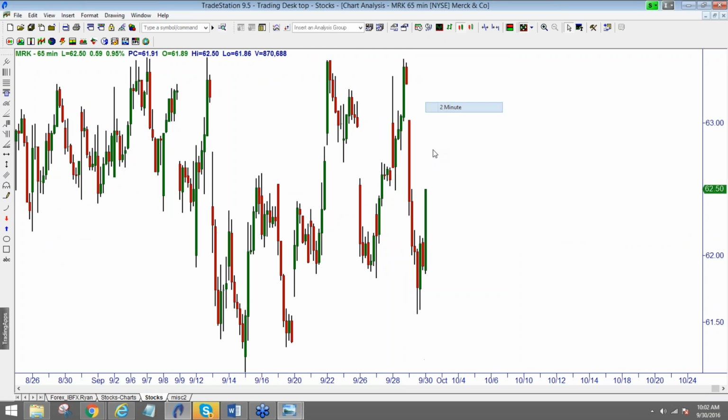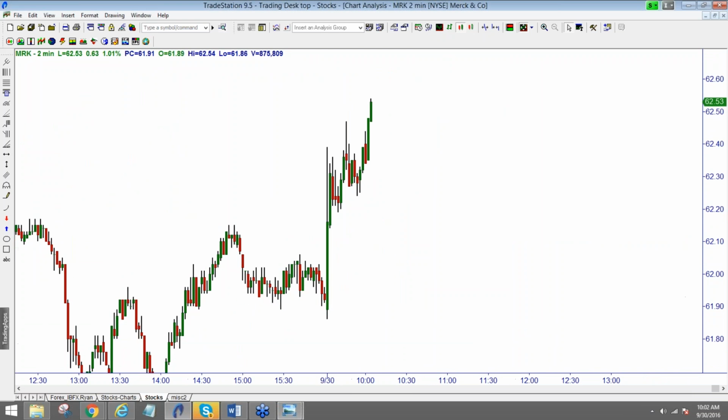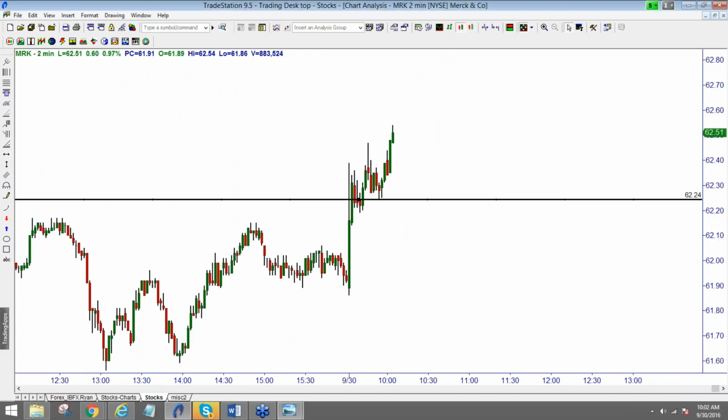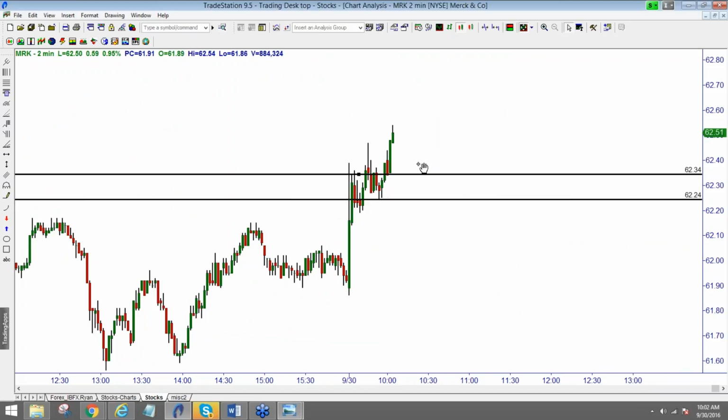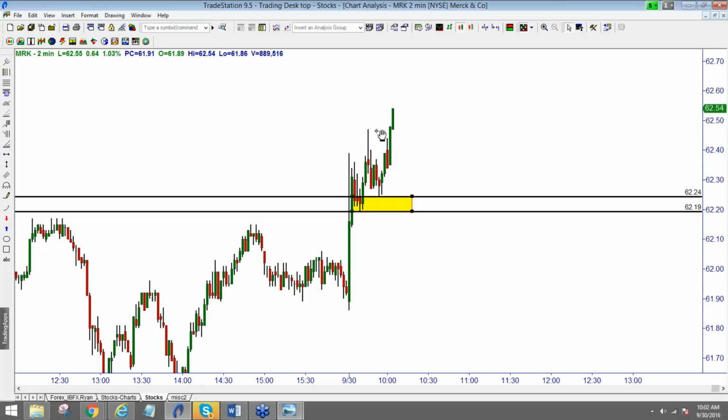He's in a 2-minute. There may be rules where you hold on to it, and I'm sure he's already out of a little bit of it, maybe hanging on to just a little bit more. Wow, look at that. Okay, so price dropped down a little bit and then exploded out. A couple minutes later, it retraced, just kissed the top of that level, then exploded higher.